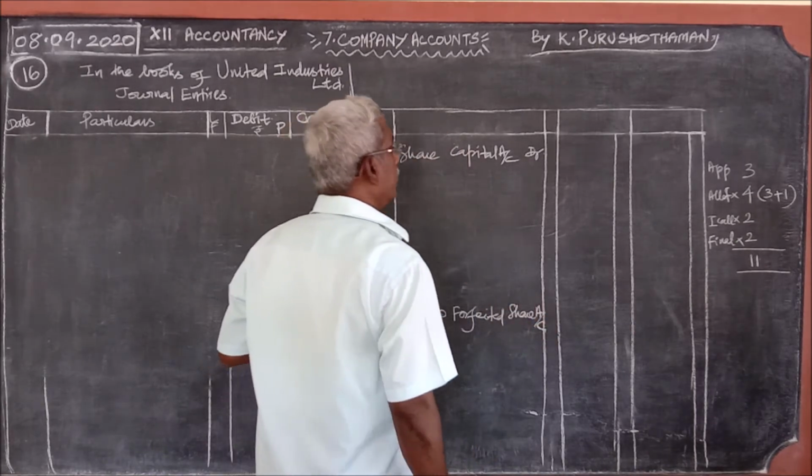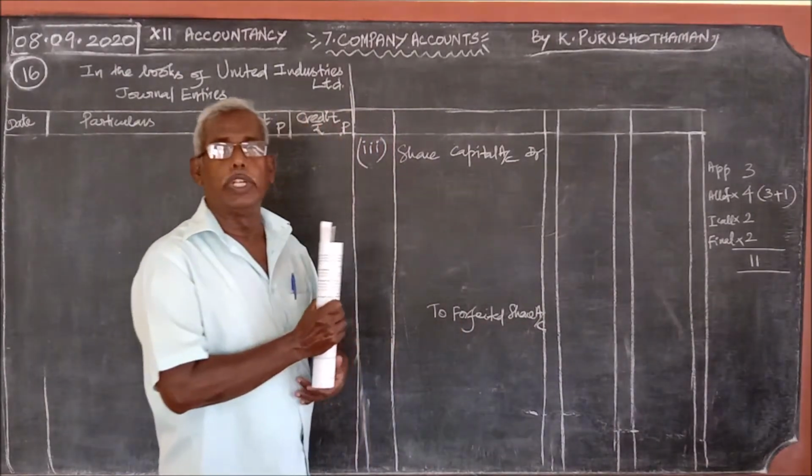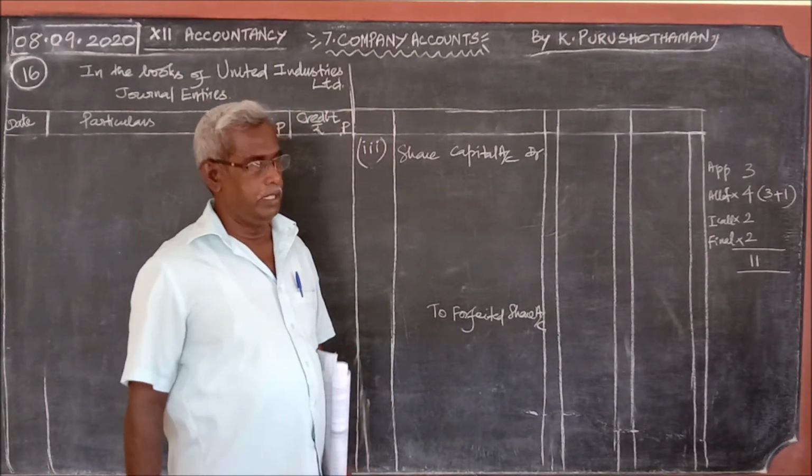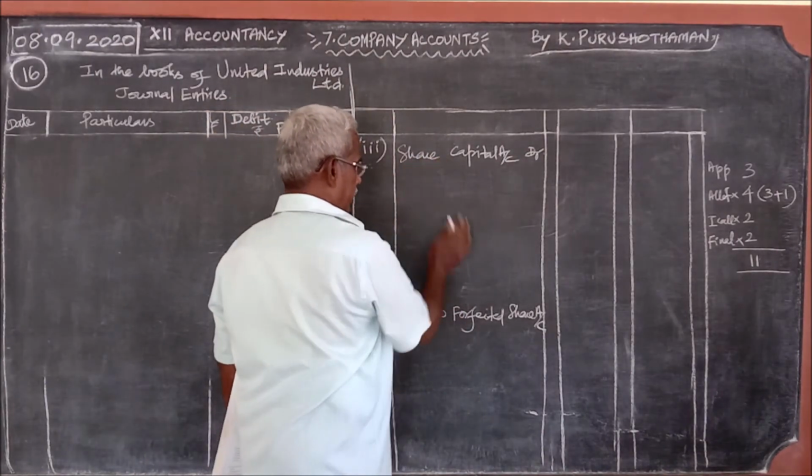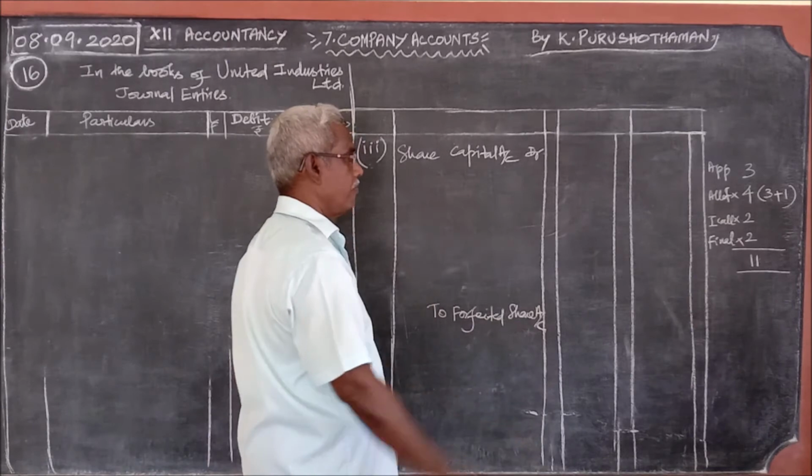I have made the thing easier. How you can remember? In that way, I am just trying to explain. These are the two journal entries, important two journal entries.